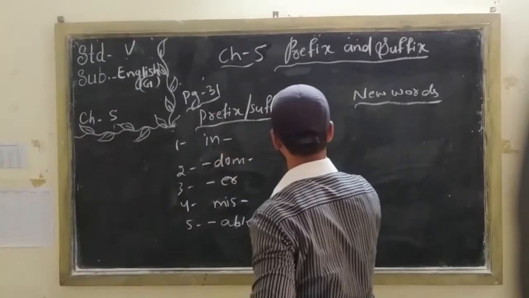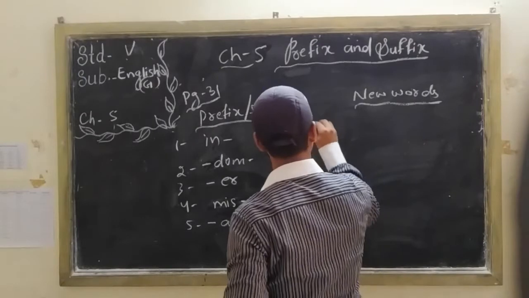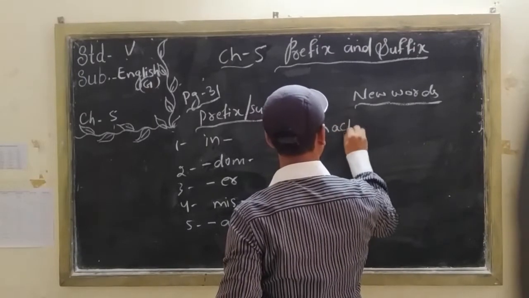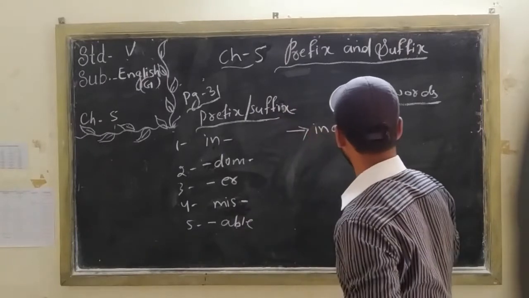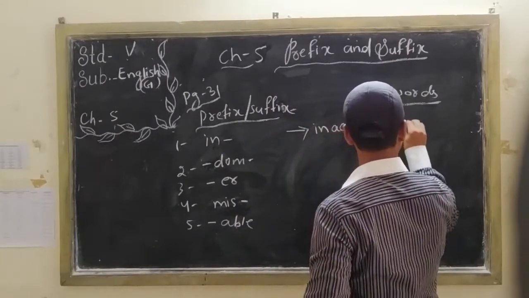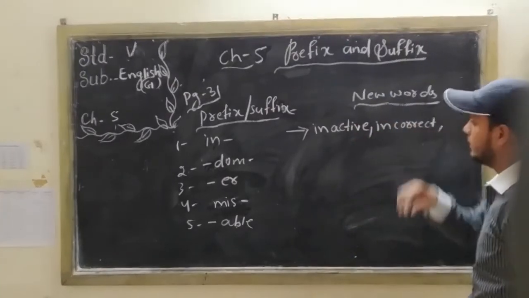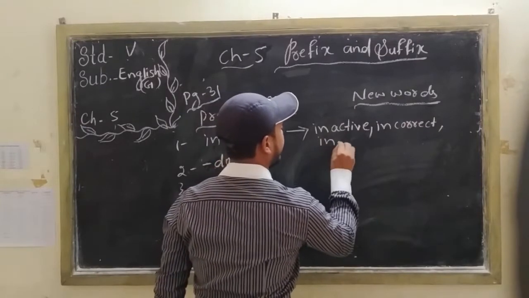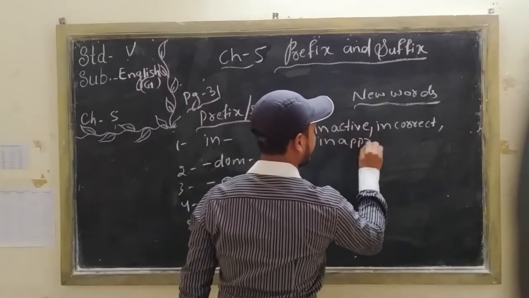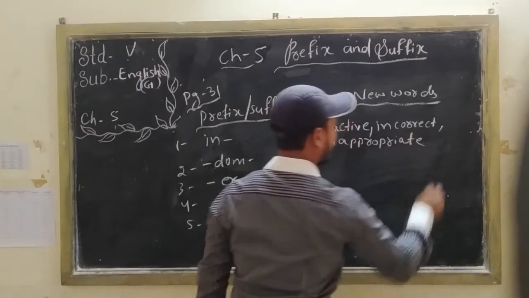So in, we can make three words: inactive, incorrect, inappropriate.